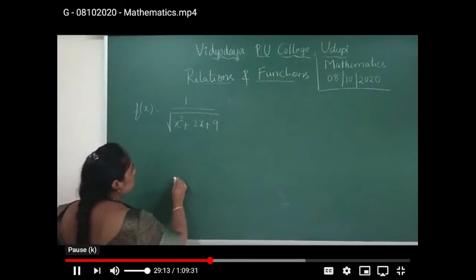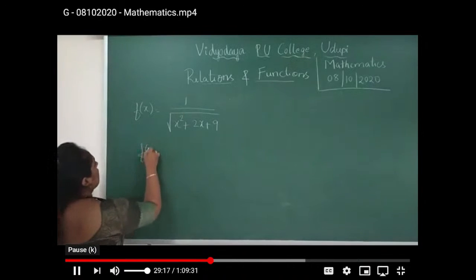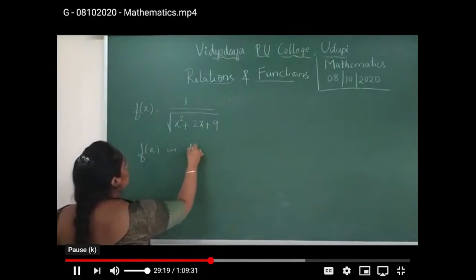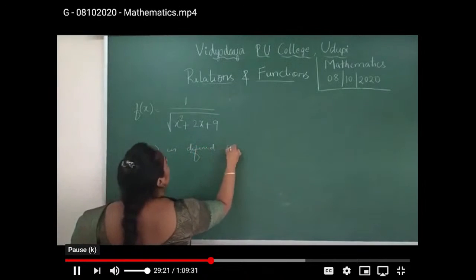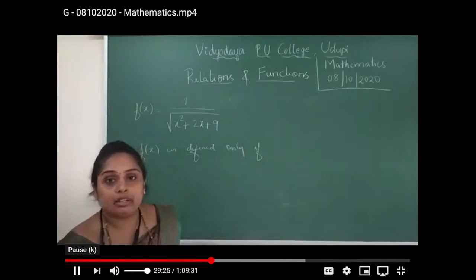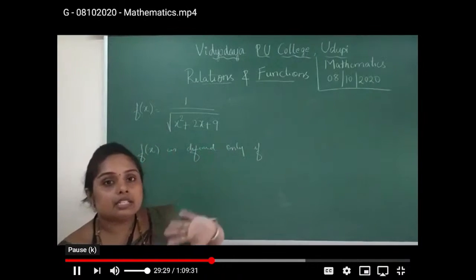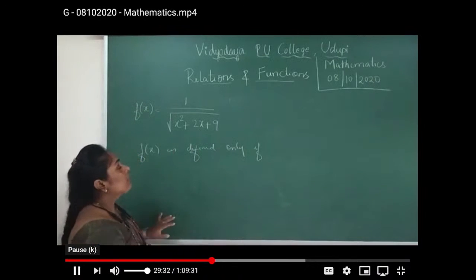So what I do is, f of x is defined only when the denominator is not equal to 0. If I get 1 divided by 0, then it is not defined. Okay.